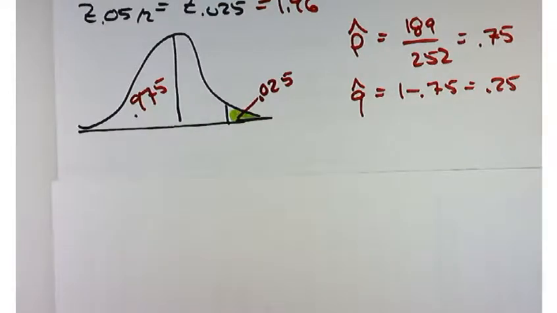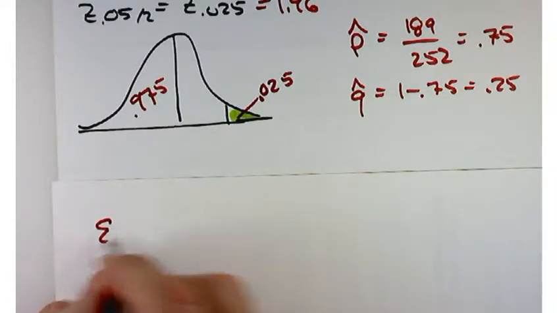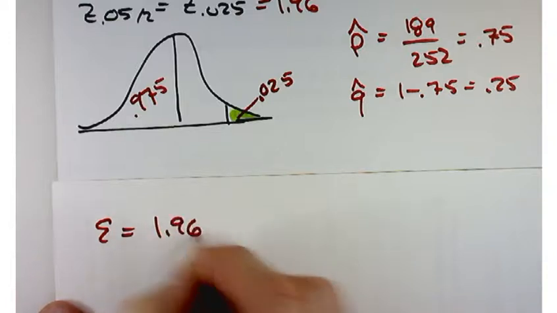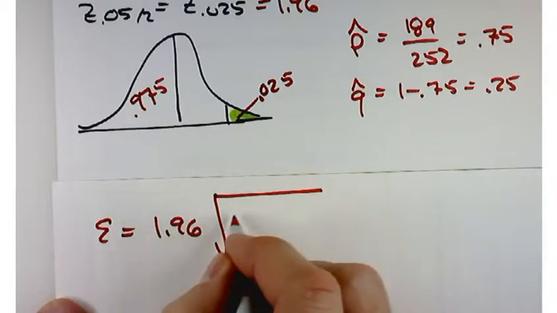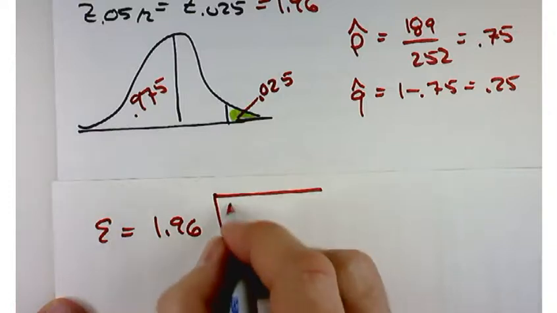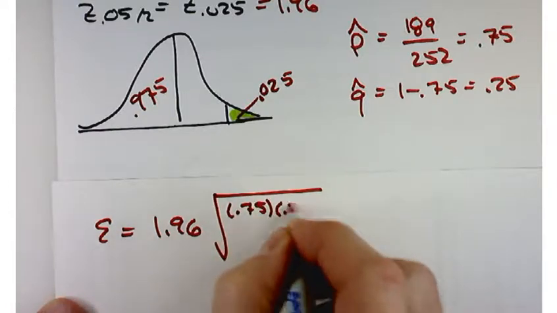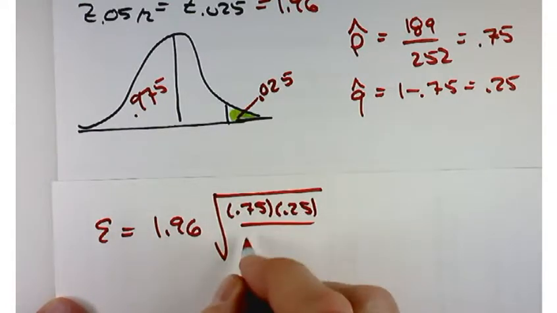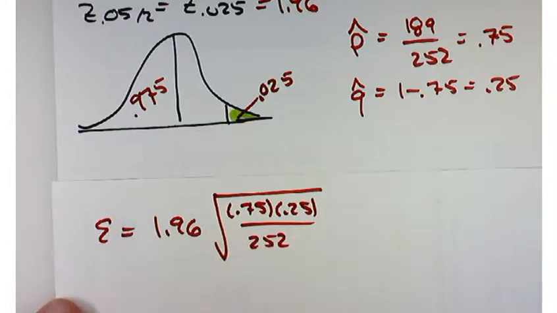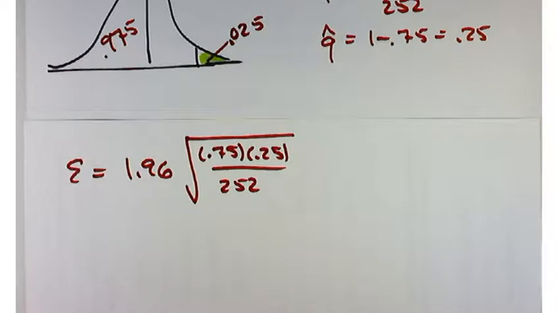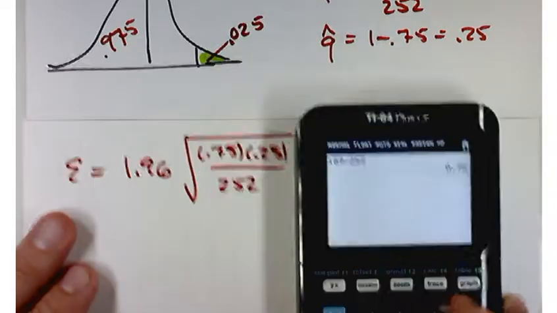So that means calculating e equals 1.96 times the square root of p hat, which is 0.75 times 0.25, divided by 252. Okay, let's see what that looks like.